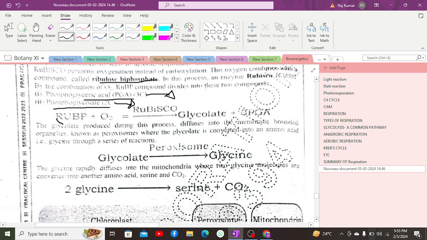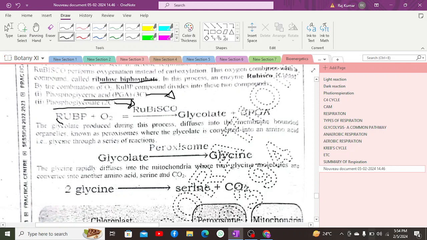First and foremost, glycolic acid oxidase will act, converting the glycolate into glyoxylate, and from glyoxylate it reacts with glutamic acid, using the enzyme glutamate transaminase, to produce glycine. So this is a chain of reactions occurring over here.